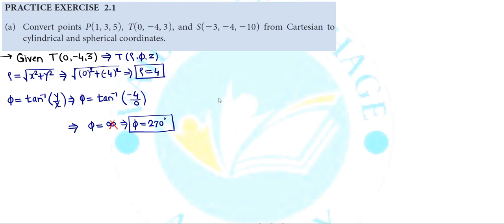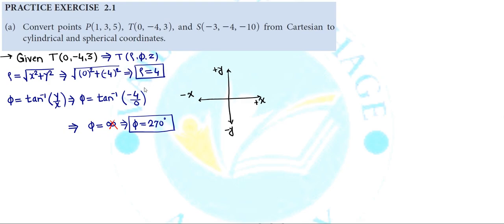If you go through your basic coordinate system, what does it tell you? Here we have plus x, here we have plus y, then here we have minus x, and here minus y.